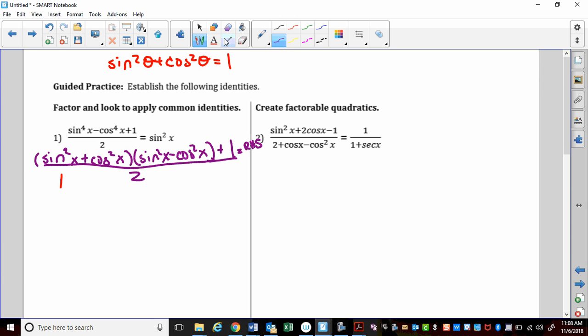So I know that sine squared x plus cosine squared x is 1. So I'm just going to substitute that in. 1 times sine squared x minus cosine squared x. And then I still have a plus 1 all over 2.